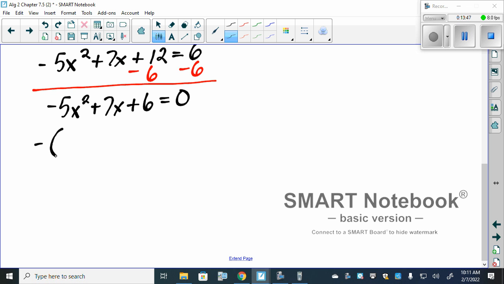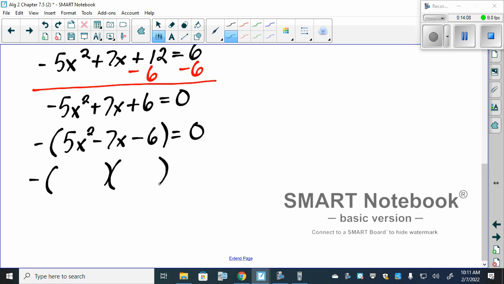And there's nothing wrong with that. It's just I like having the x squared term be positive, because it's a little bit easier to work with, at least for me, when trying to factor and find the factors. Because if we pull that negative out, we can see what the signs are going to be a little bit easier.